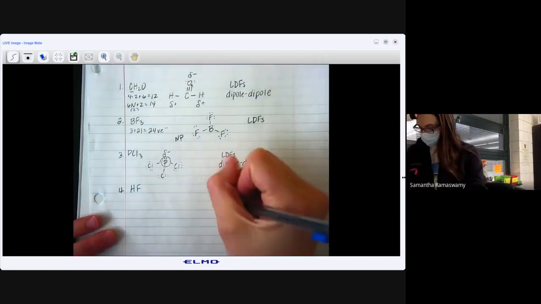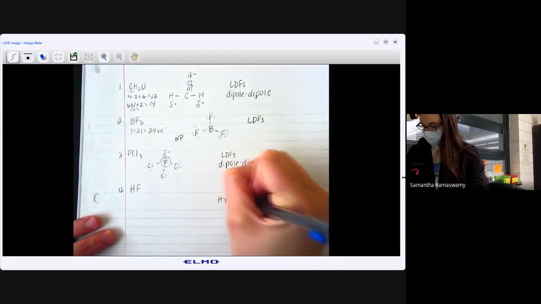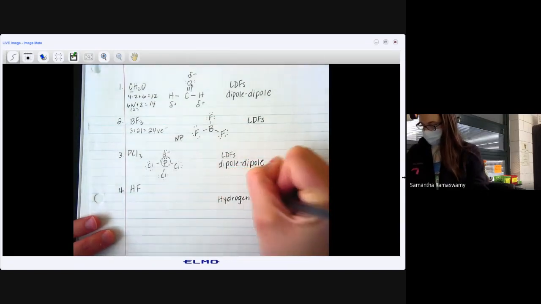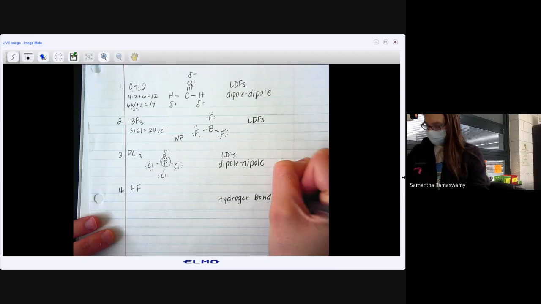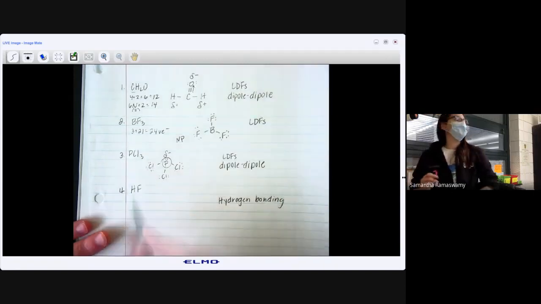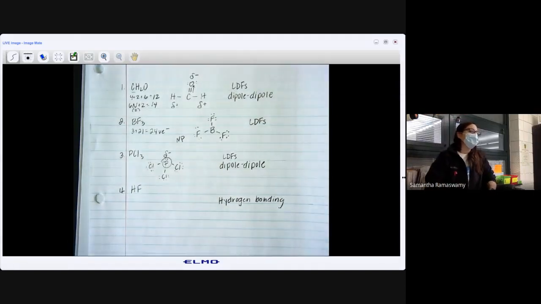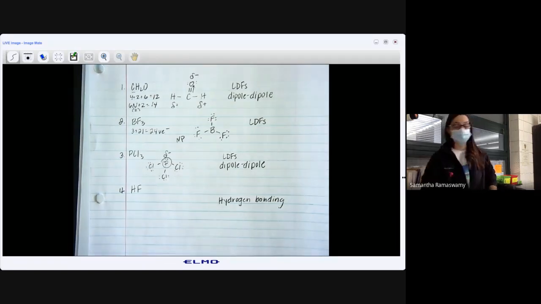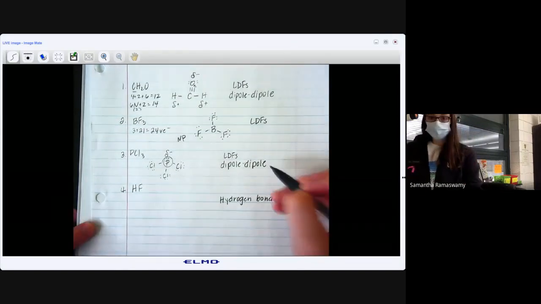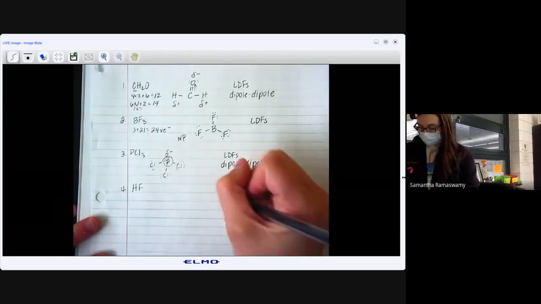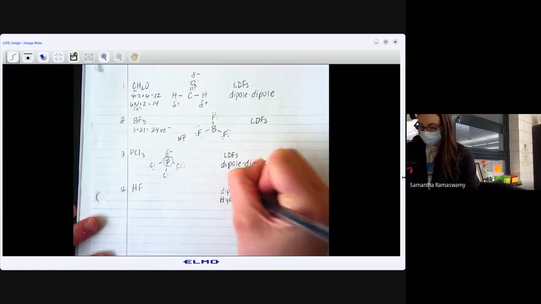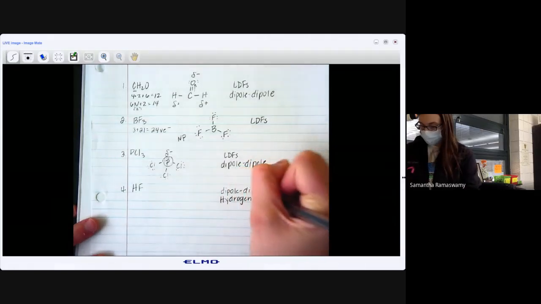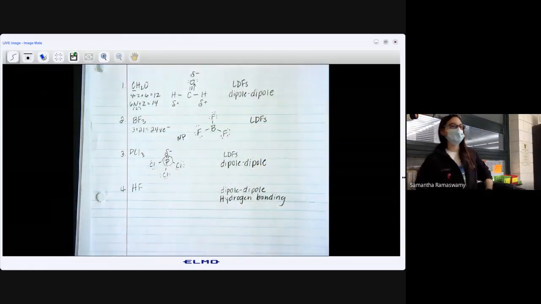The strongest one that it will exhibit is hydrogen bonding. When you have H covalently bonded to N, O, or F, it is able to hydrogen bond. Hydrogen bonding is just a stronger type of intermolecular force that exists in polar molecules. So we also could say that HF will exhibit dipole-dipole forces.